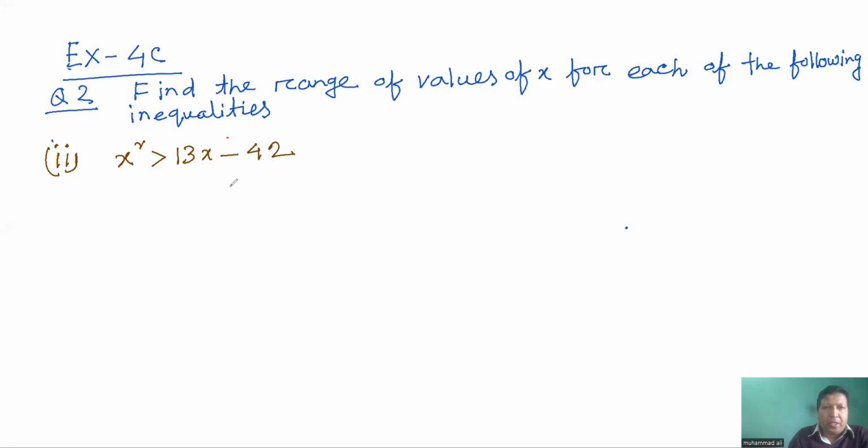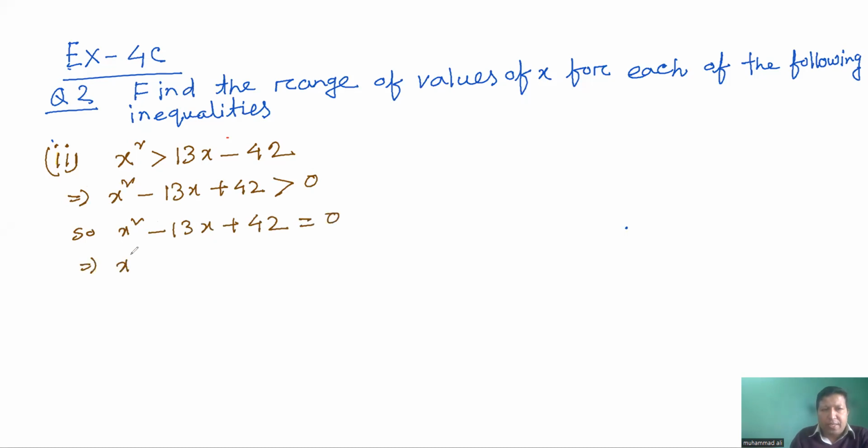Next, x square greater than 13x minus 42. So we rearrange this: x square minus 13x plus 42 greater than 0. So take x square minus 13x plus 42 equals to 0. Now factorize this: x square minus 7x minus 6x plus 42 equals to 0.